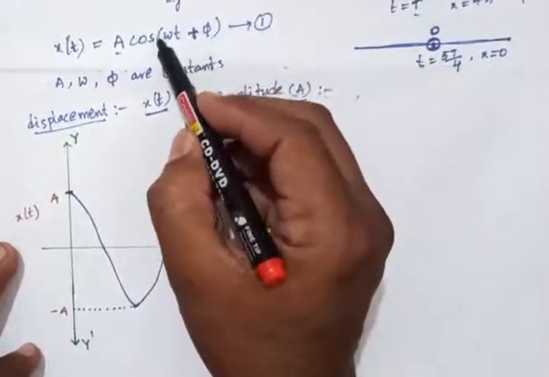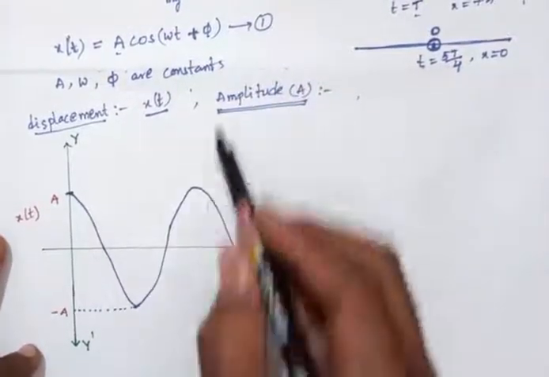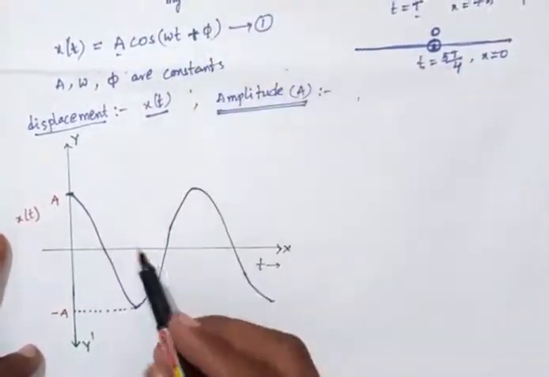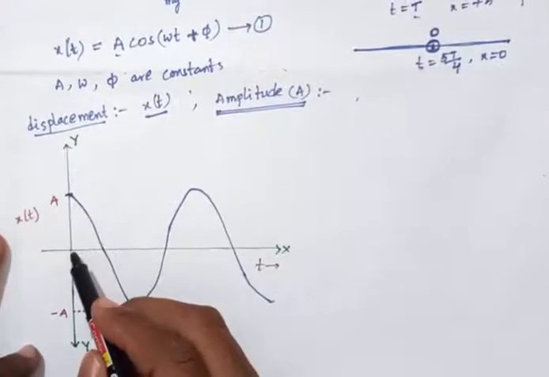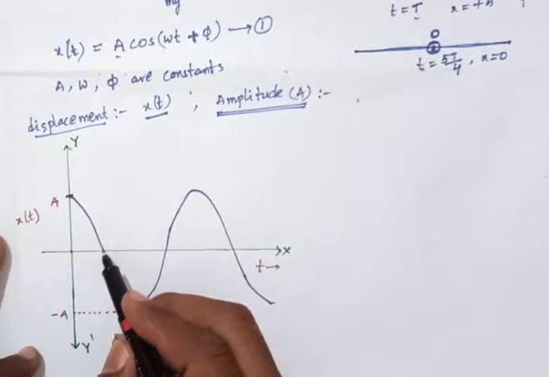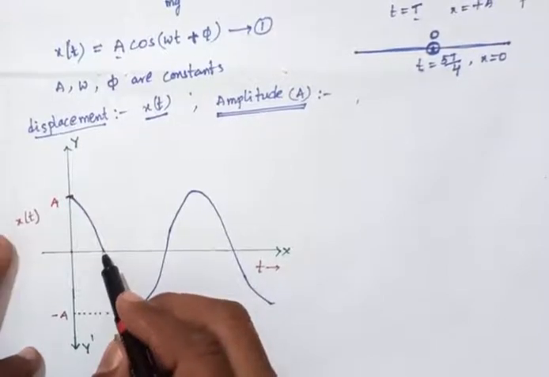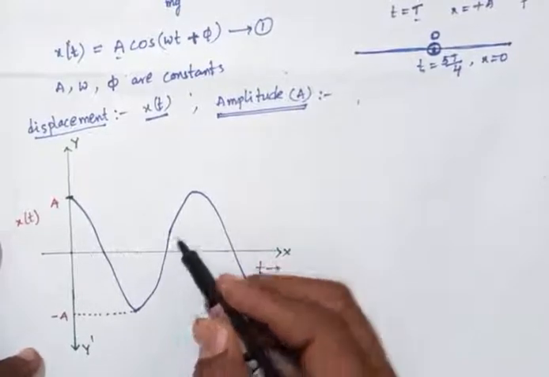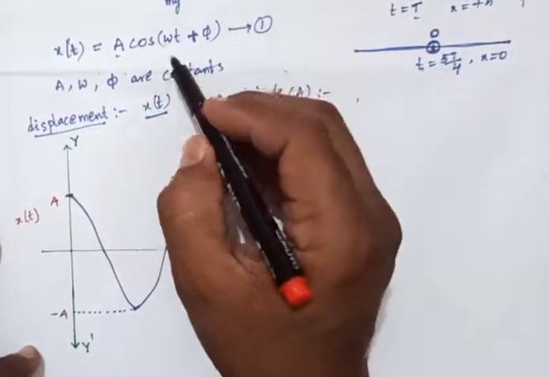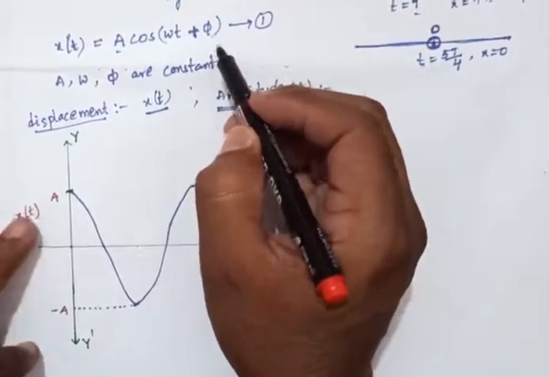This is the phase angle. The phase angle is taken at 0, pi by 2, pi, and again 2 pi, like this, omega t plus pi.